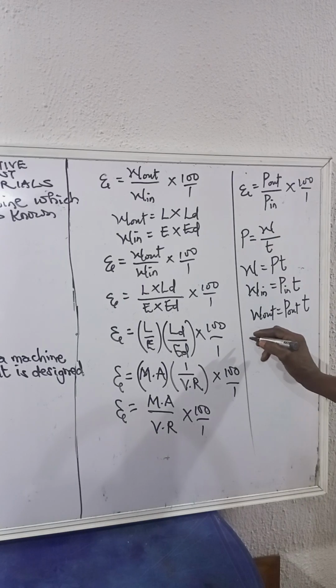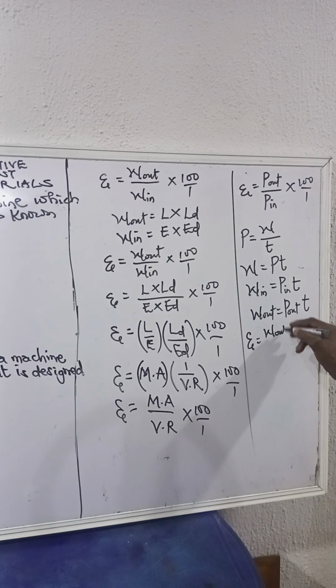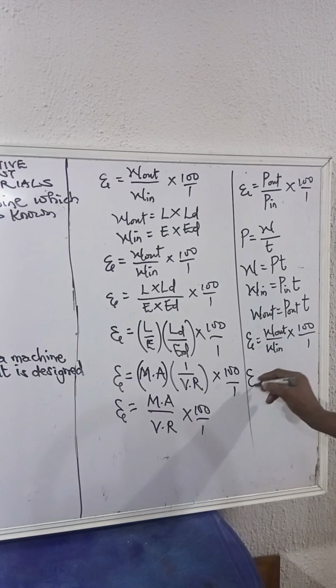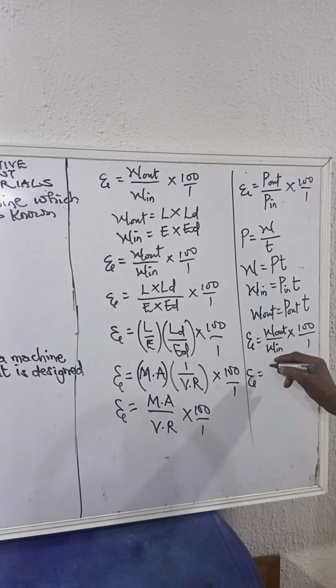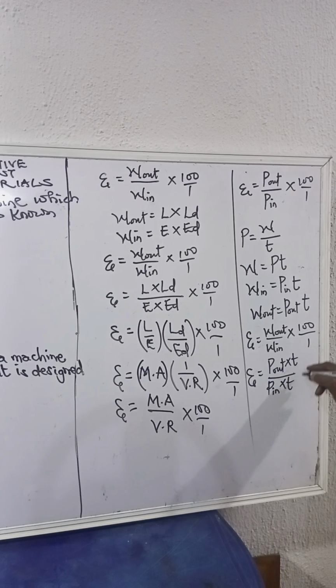So this now becomes efficiency equal to work out over work input times 100 over 1, which is the same as power output times T over power input times T times 100 over 1.